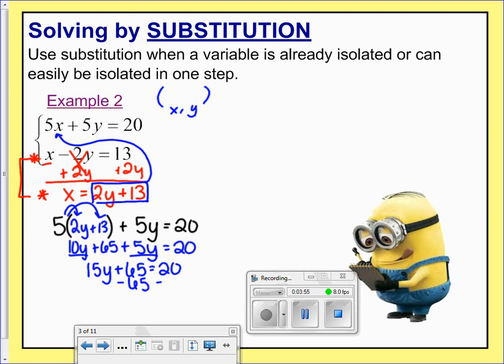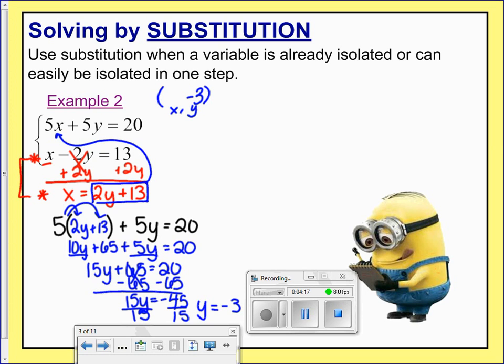Subtract 65 to the other side so that it cancels on the left. And on the right, I have negative 45. Divide both sides by 15. Therefore, y equals negative 3. So my y value is negative 3.